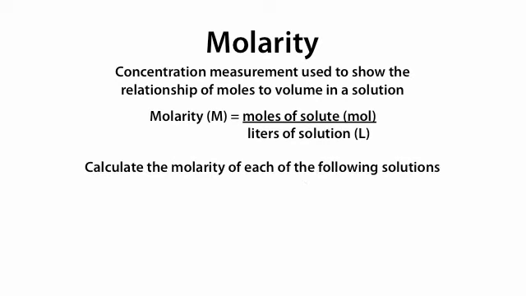Calculate the molarity of each of the following solutions. 2.60 moles of CaCl2 in 1.115 liters of solution. We've said molarity is equal to moles of solute over liters of solution, so we take our 2.60 moles of solute, which is CaCl2, and we divide it by our 1.15 liters of solution.